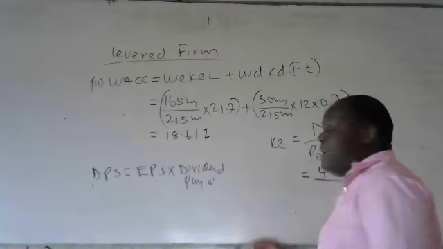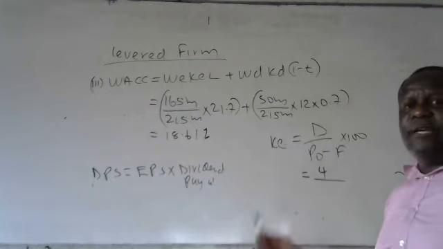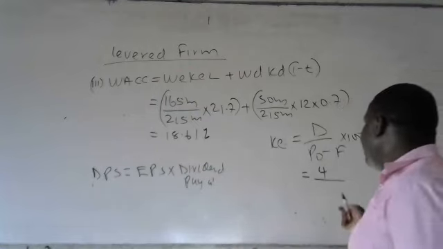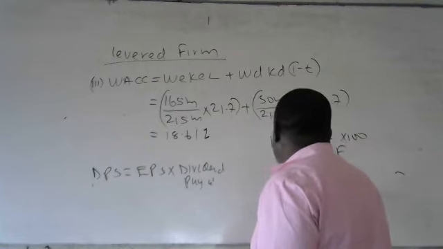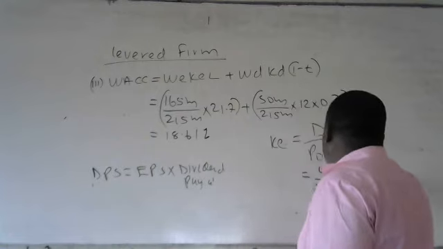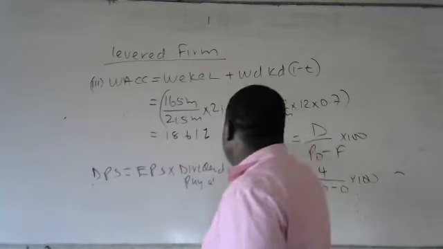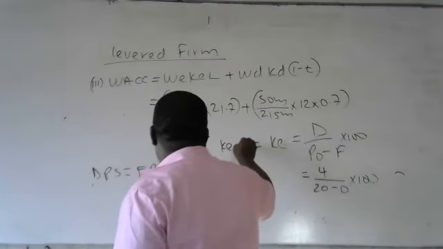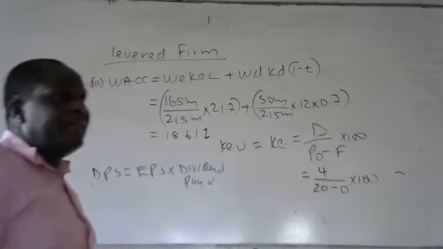So divide by the current market price per share, which is 20. There was no flotation cost. So express it. This one is the same as your KEU, because the firm is unlevered.